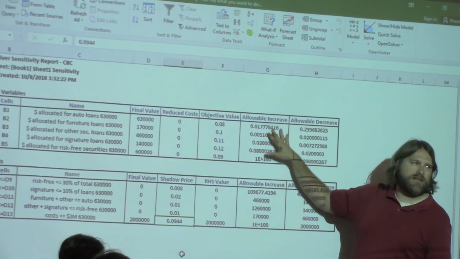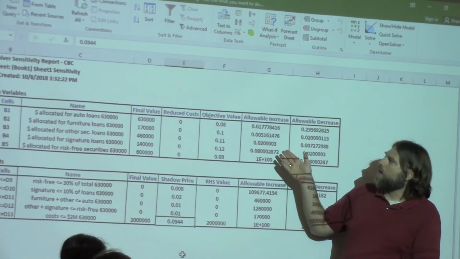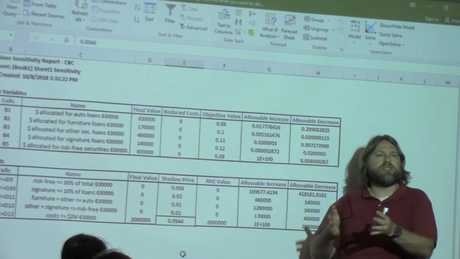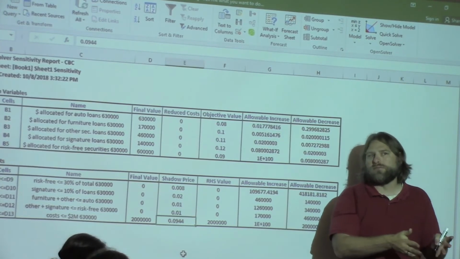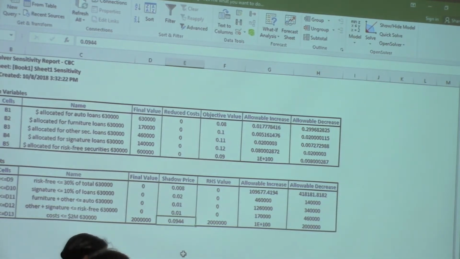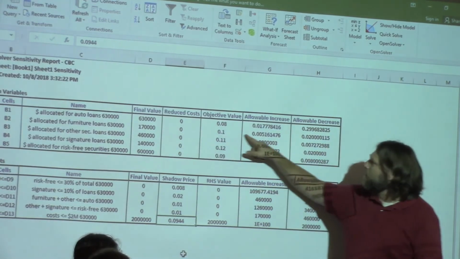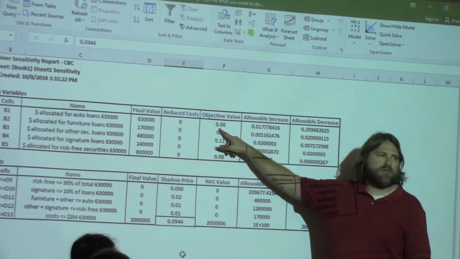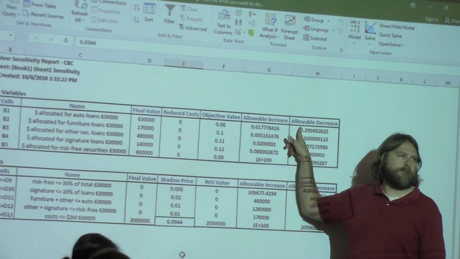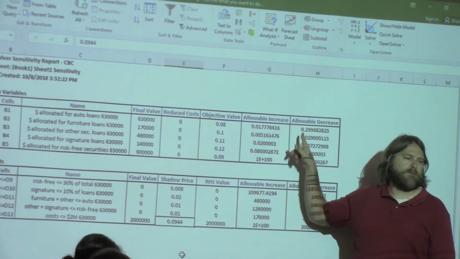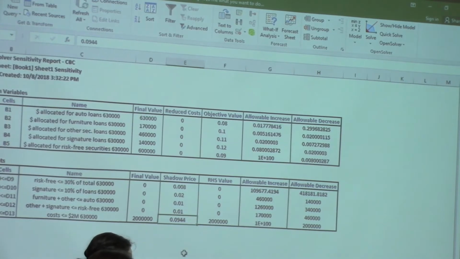And so what this allows us to see is, when those changes take place, how much change there can be before we want to change where we allocate our funds. Because that's that sensitivity. This furniture loan is much more sensitive to the interest rate than the auto loan is to its interest rate. Okay? So we can be looking forward to seeing how that takes place as well.